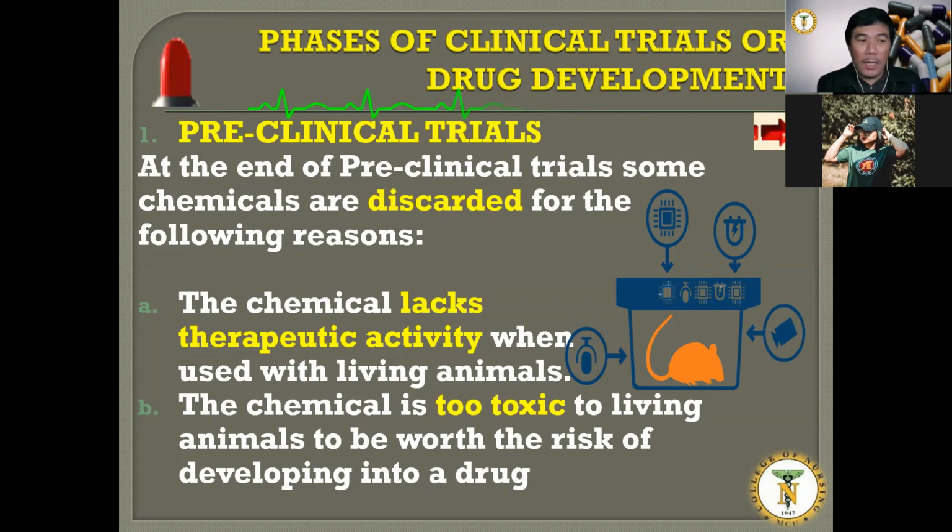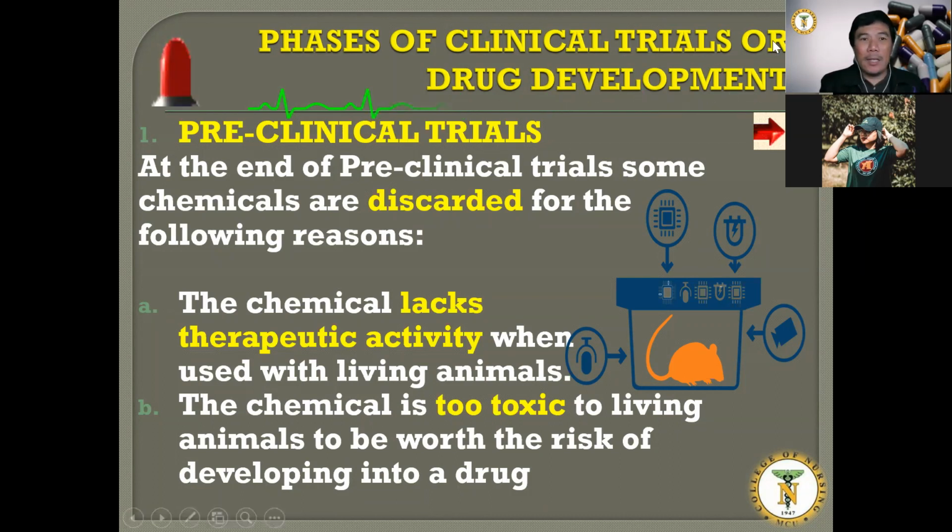If the intention of the drug is a significant effect on the level of blood sugar, and there is no significant result on decreasing the blood sugar, then the trial will be discarded. Second, for example, the drug being administered to the rats is too toxic, meaning possibly it leads to death, or it shows an adverse reaction, it may not proceed to clinical trial 1.